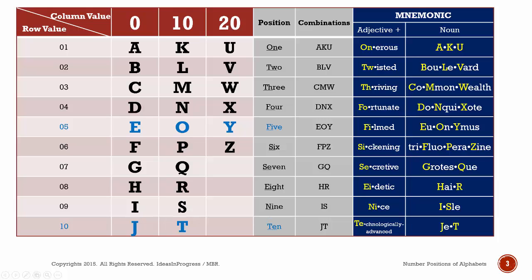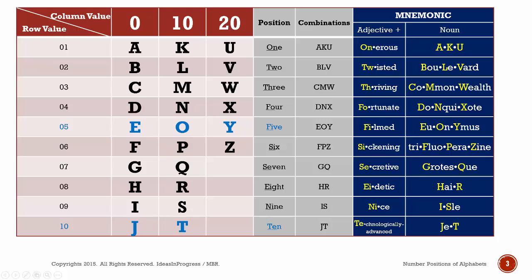In case of position 1, the adjective is onerous, and then a word or noun is made out of the alphabets in the combination AKU. Now, AKU is actually a language spoken by a tribe in Africa. So this combination itself is a word, but it's not so in the case of BLV. There we have the noun Boulevard.